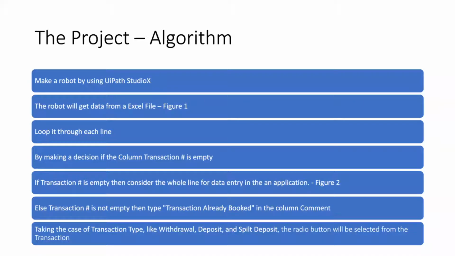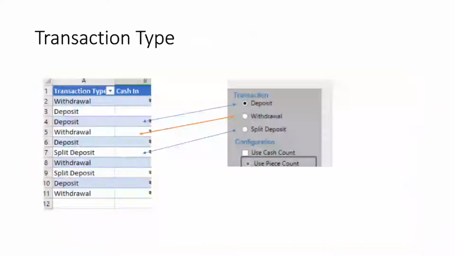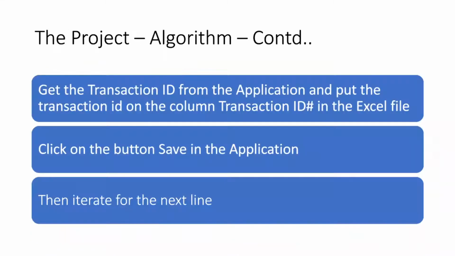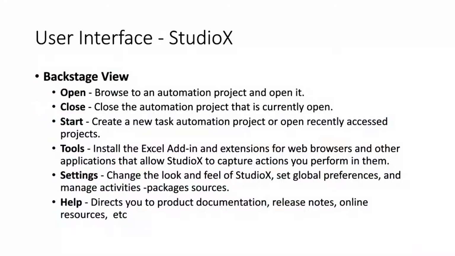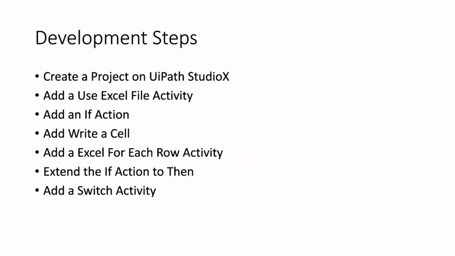Next, what we have to do, now we have to iterate into each row as we have created in our development step. Add an Excel for each row activity.